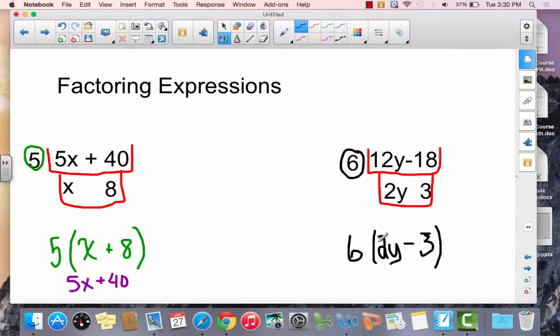So 6 times the quantity 2y minus 3 is the factored version of 12y minus 18. I check my work with the distributive property. 6 times 2y is 12y. 6 times negative 3 is negative 18. And since I got my original expression back, I know that I did it correctly.